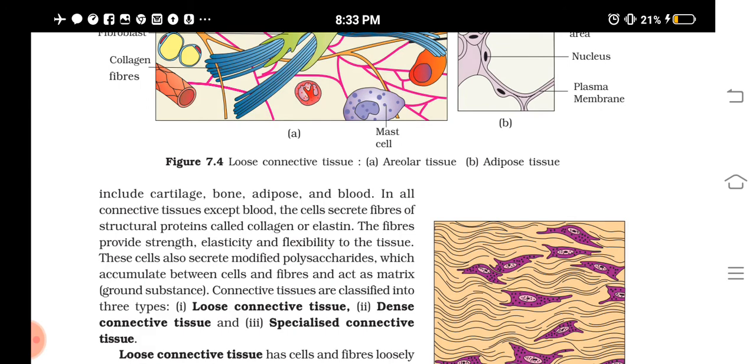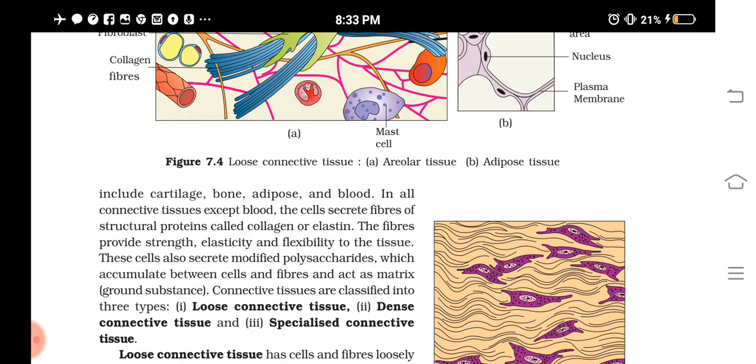The fibers are actually structural proteins. Tissue is made up of what? Cells. So the cells produce what? Fibers of structural proteins called collagen or elastin, and these fibers provide what? Strength, elasticity, and flexibility to the tissues.